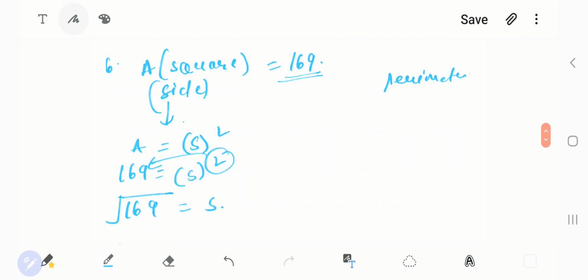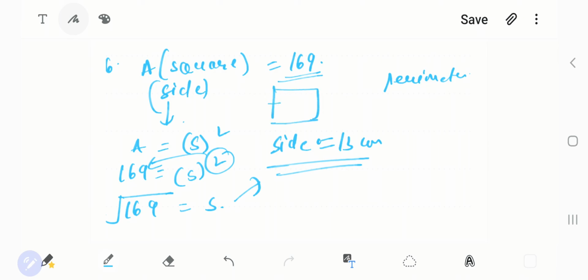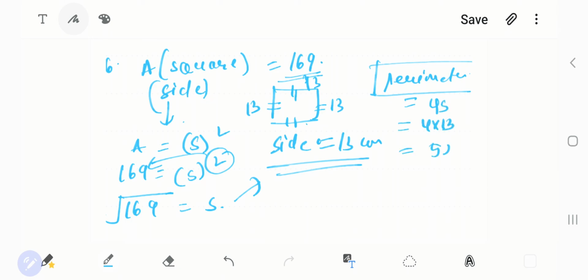So what is the root of 169? Root of 169 is 13. So you got your side as 13. If this is a square and this side is 13, that means all the sides are 13. If you want the perimeter, I have to do 4s, that is 4 into 13. Are you getting my point clear? That is 52 centimeters. Clear?